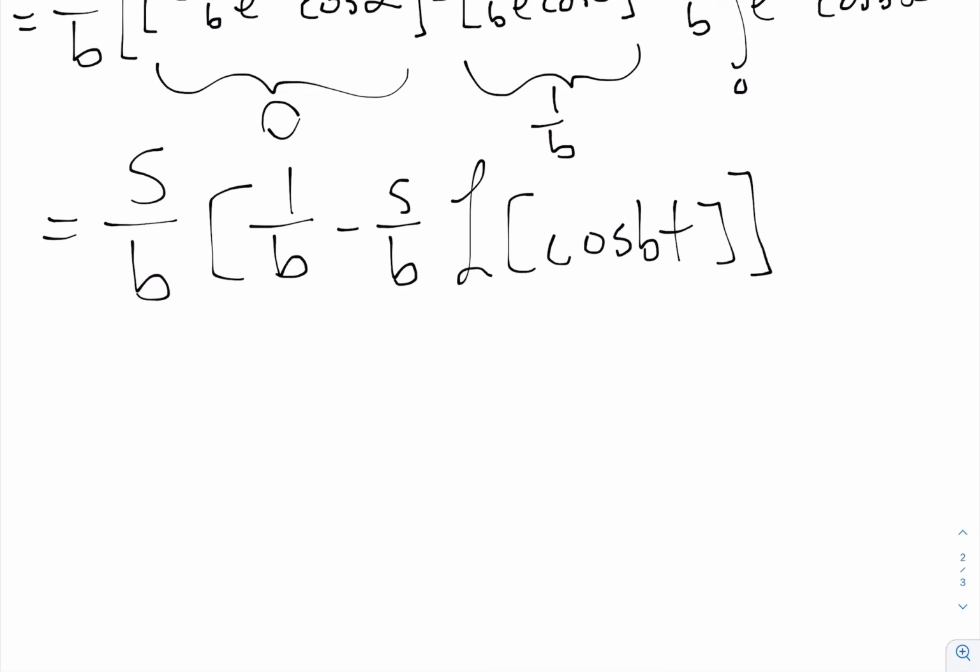So to simplify for what the Laplace transform of cosine bt actually is, we just simplify all this junk out in front.